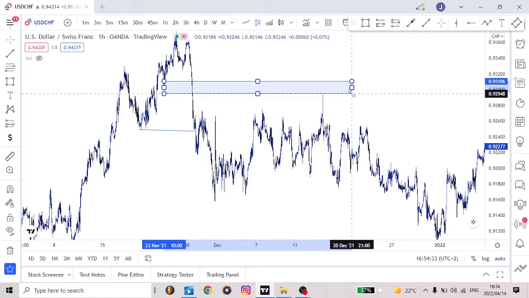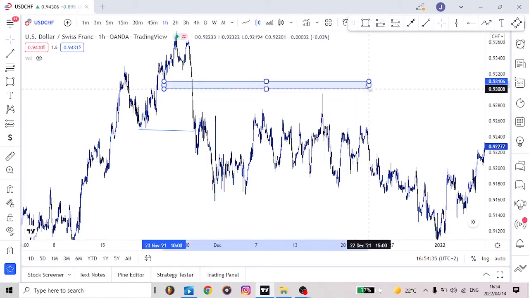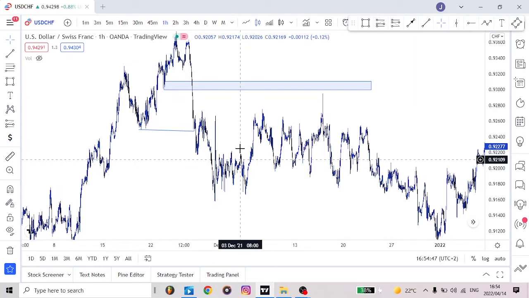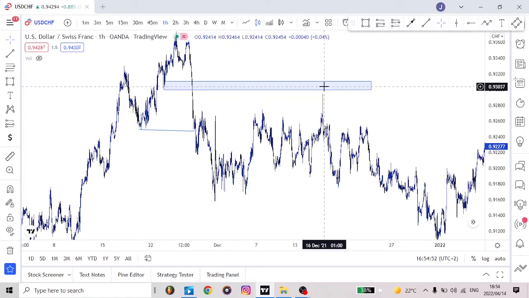So this is the part where the market came into, but it didn't really touch it, but that part qualifies to be called a breaker block, because the market came down, pushed to the downside, and then it started shooting up, but there was a bit of consolidation here before the market shot all the way to the upside and then continued going down.